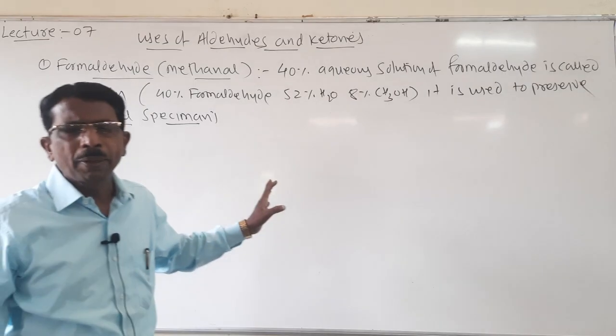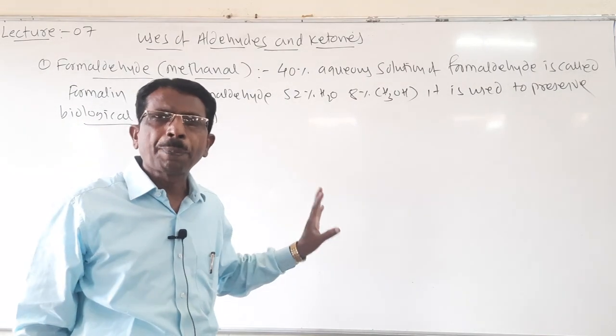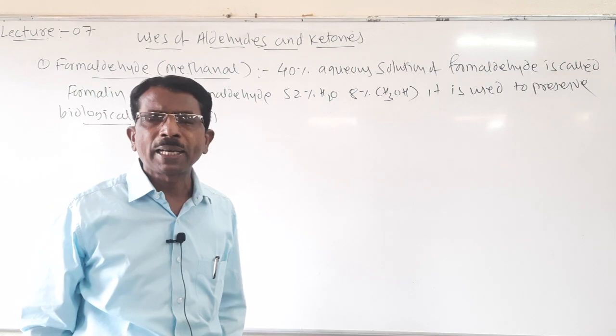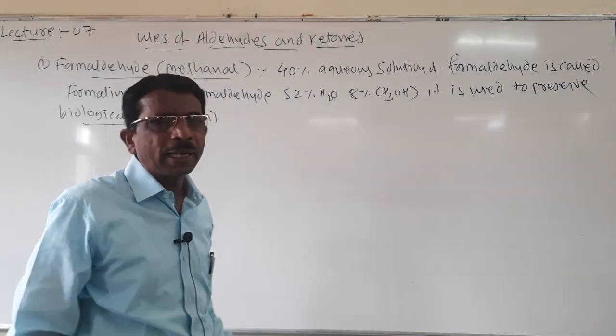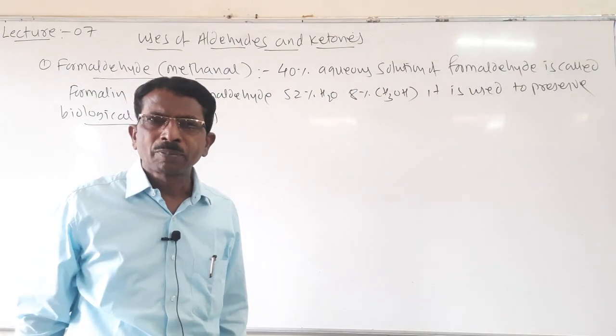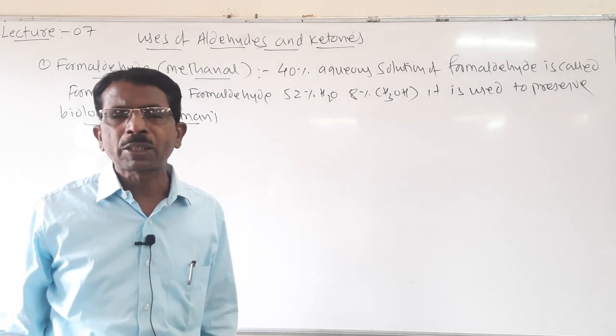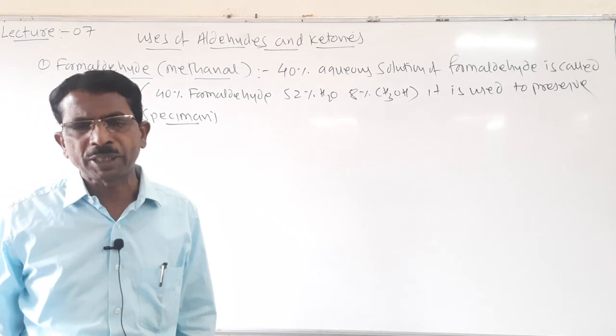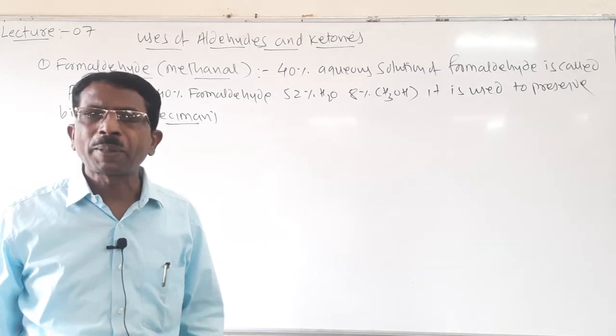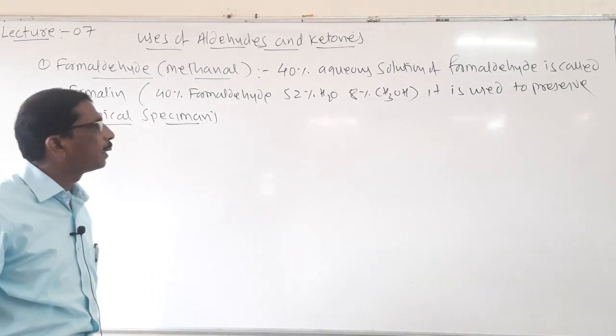In the biology lab, you will get a bad smell, a pungent odor, that is formaldehyde, an aqueous solution of formaldehyde in which water is added, and then it is called formalin. And this formalin is also used for sterilizing surgical instruments. It is also used in hospitals for sterilizing purposes.